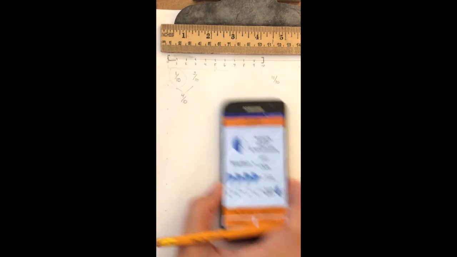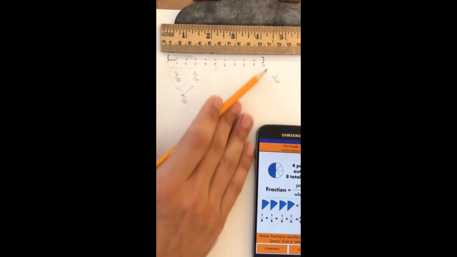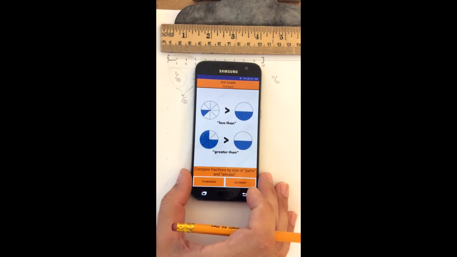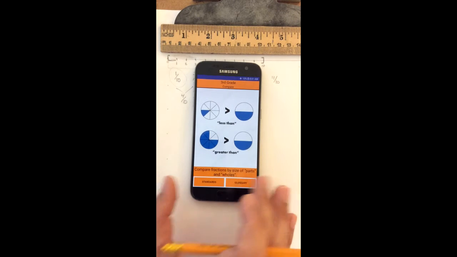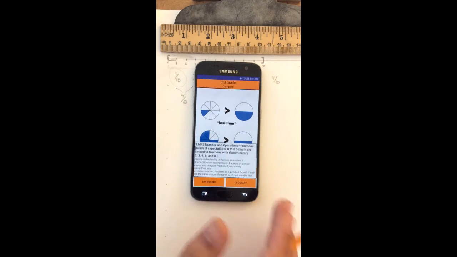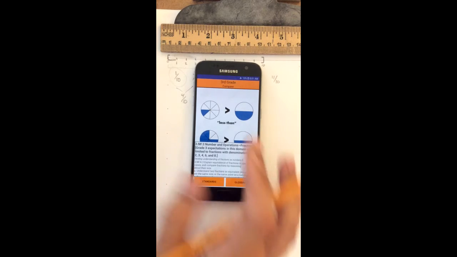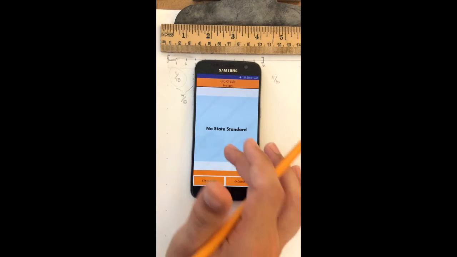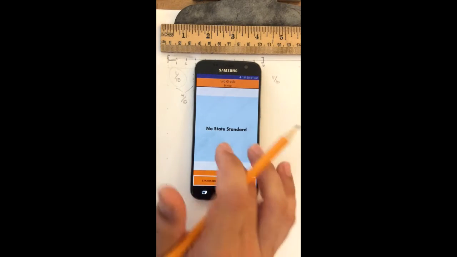Okay? In 3rd grade, it really is just conceptual understanding of what a fraction is, adding and subtracting, and comparing which fraction is bigger, and looking at the word equivalence, whether it is less than, greater than, or equivalent. Okay? And that's it for 3rd grade. There's no multiplying, no dividing, none of that.